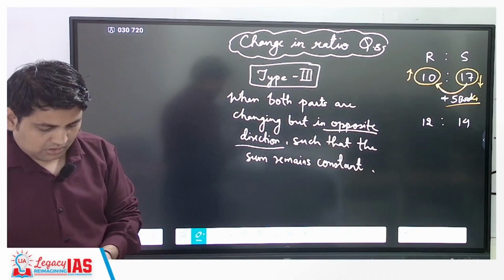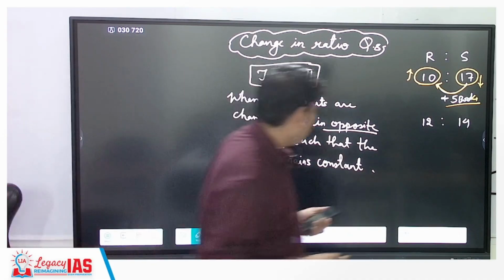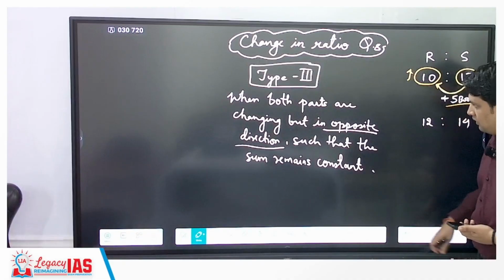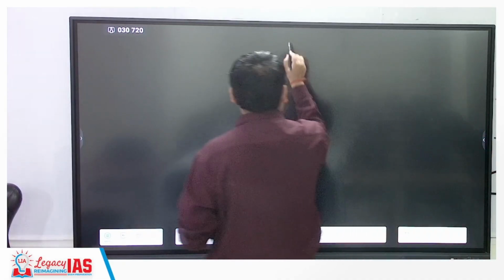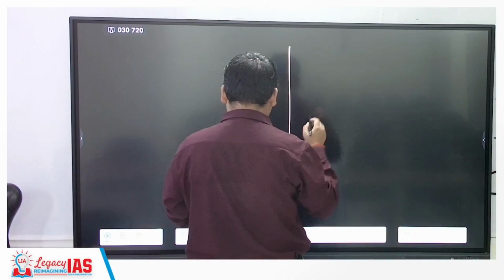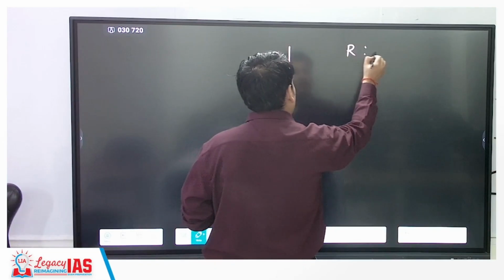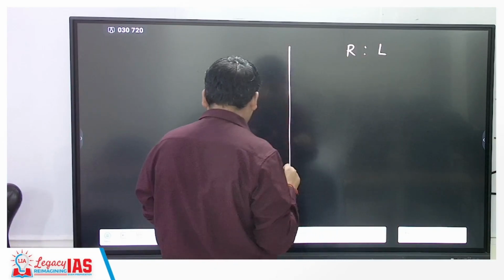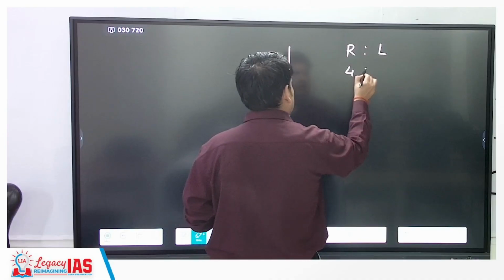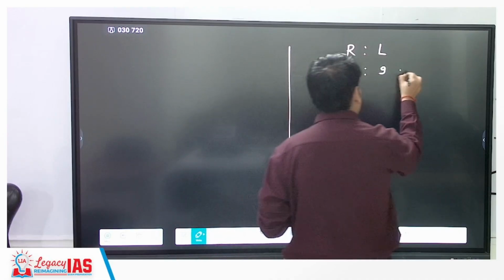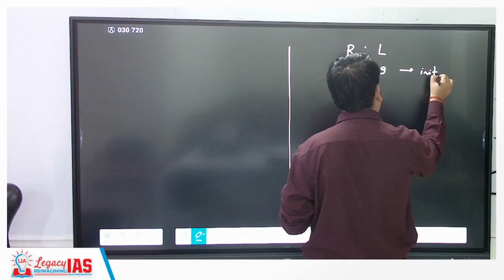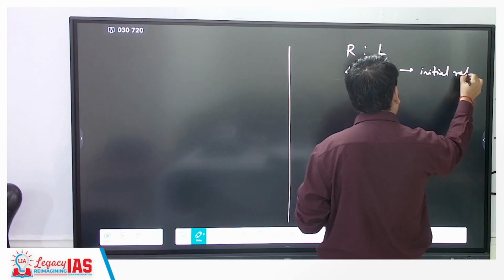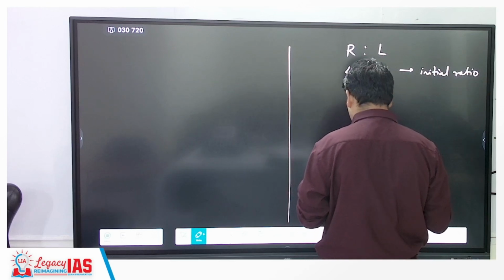Now, let's see a question. See, this is Raju and Lalita. They both have marbles. Initially, this is the ratio of marbles that they have.